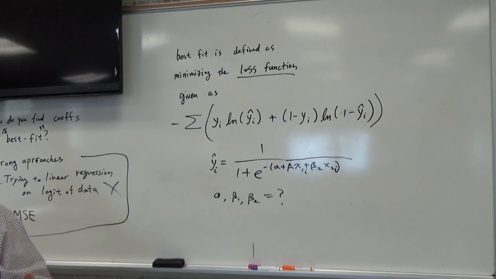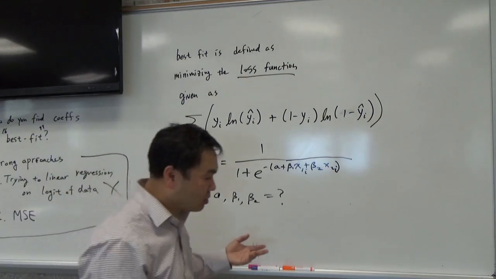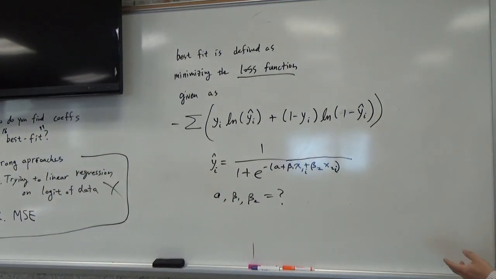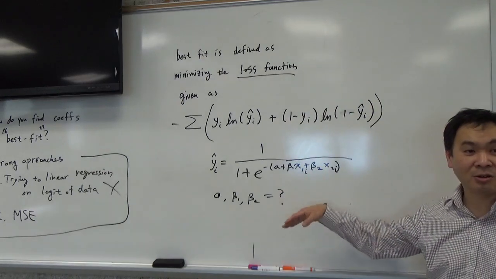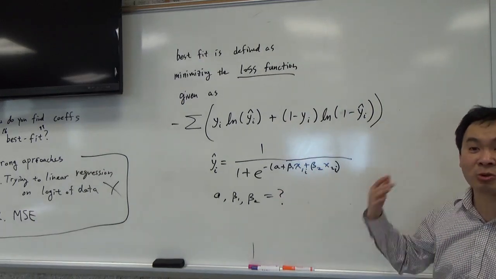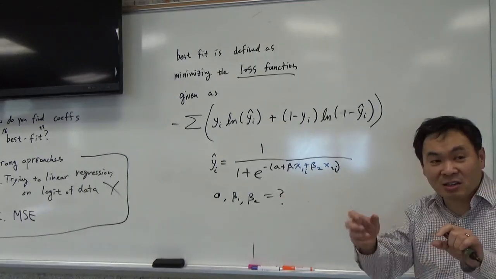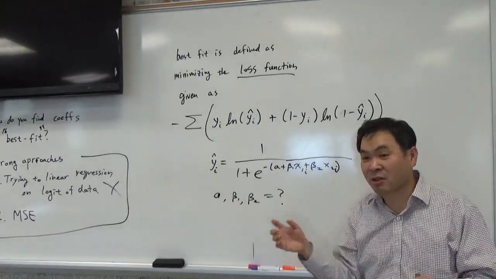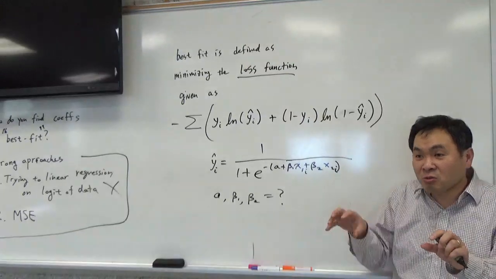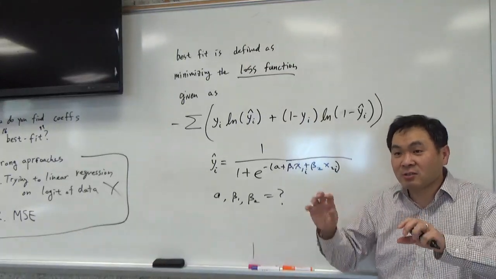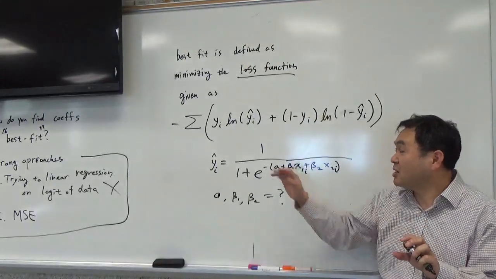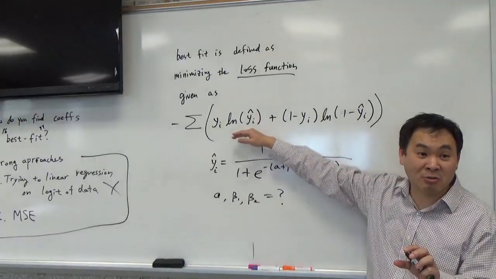So next week when I show you the computer code, I wouldn't be doing any of this. The computer package will do everything for us. But under the hood, what it does is it's tweaking these three parameters. These are called parameters a, beta 1, and beta 2. Those three parameters are tweaked until it gives you the minimum possible value for this.